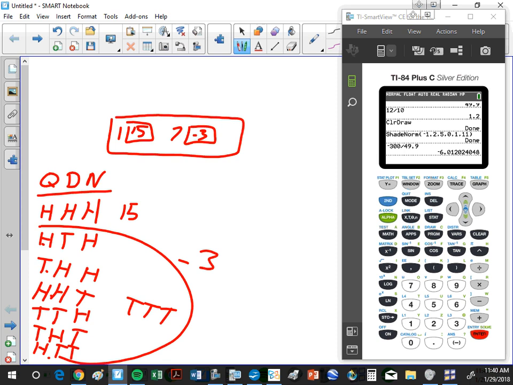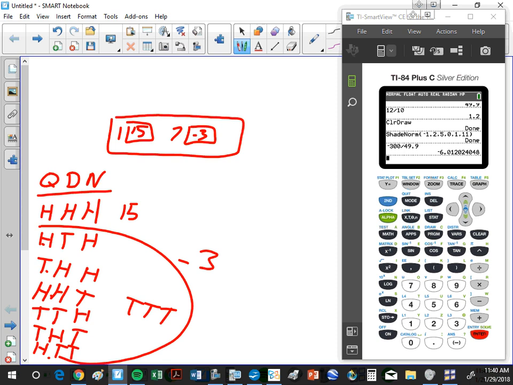Well, that doesn't matter. It's the dollar values that matter. If you play 8 times, how much will you win? Once, $15, and you'll lose 7 times. 3 times 7 is 21. So you're expected to lose $6 if you play 8 times.